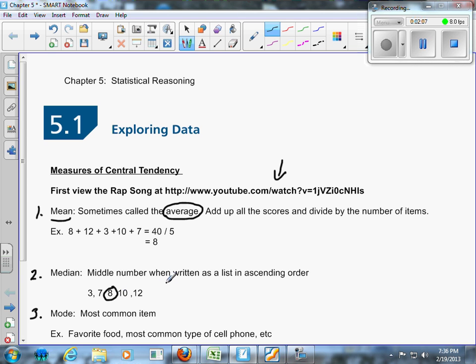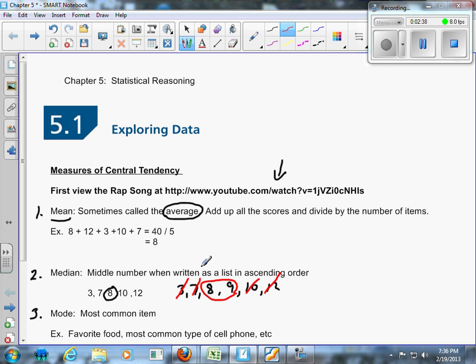Now, not all cases are you going to have a single middle number. So let's say we have 3 items in one class, 7, 8, and there was another class in which we had gotten 9, 10, and 12. When we look to find the median now, you keep taking one number off each side at a time, and you would find there are 2 middle numbers.